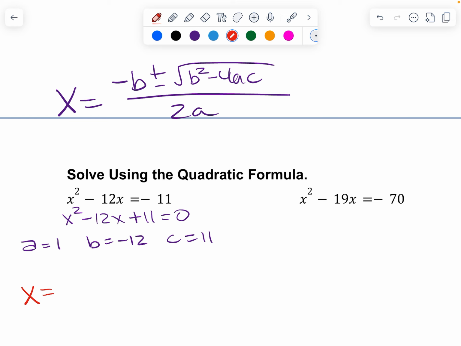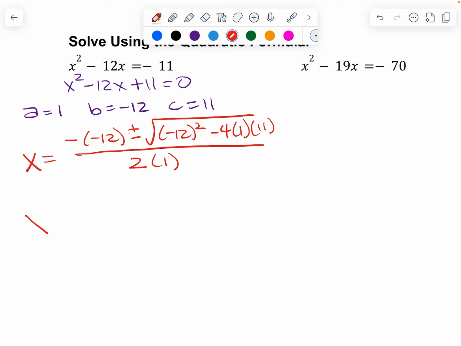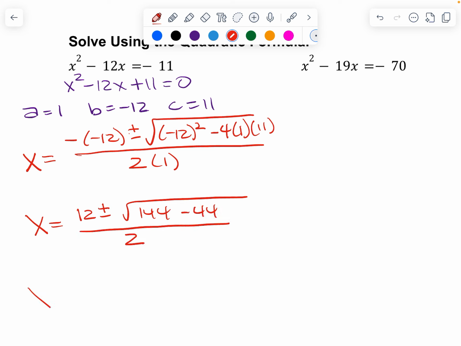I'm going to take this and plug it in. x equals negative b plus or minus the square root of b squared minus 4 times a times c, all over 2a. So now we're going to solve this. So x equals 12 plus or minus the square root of 144 minus 44 all over 2a.